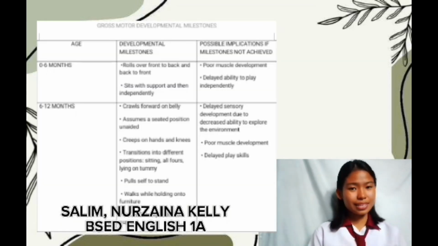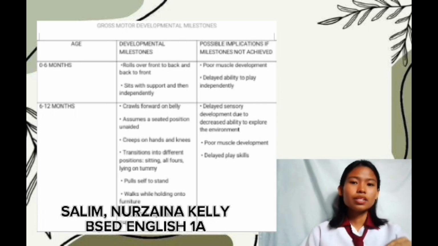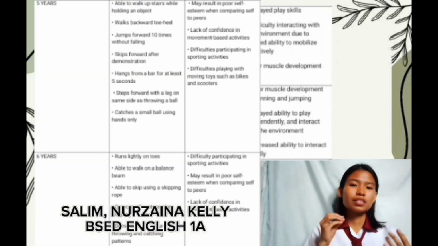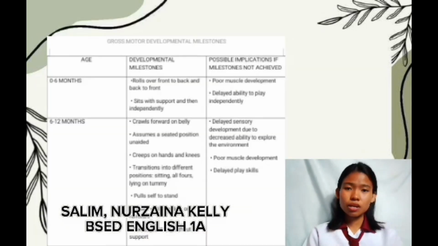As you can see in the first column, these are the children aged 0 to 6 months, 6 to 12 months, 18 months, 2, 3, 4, 5, and 6 years. The second column of the table outlines the expected developmental achievements of the children.